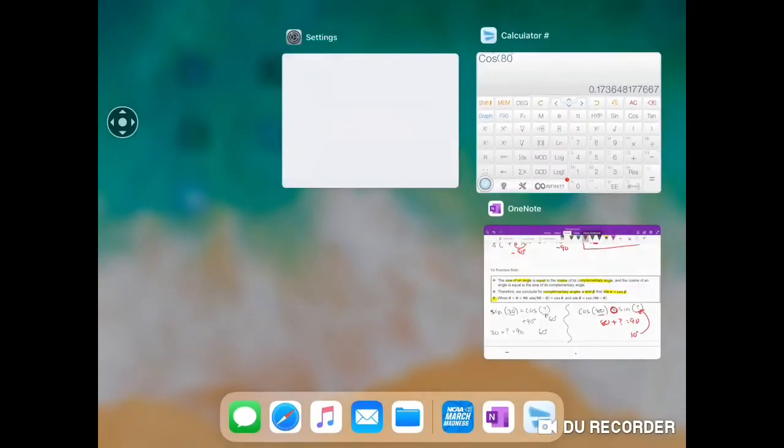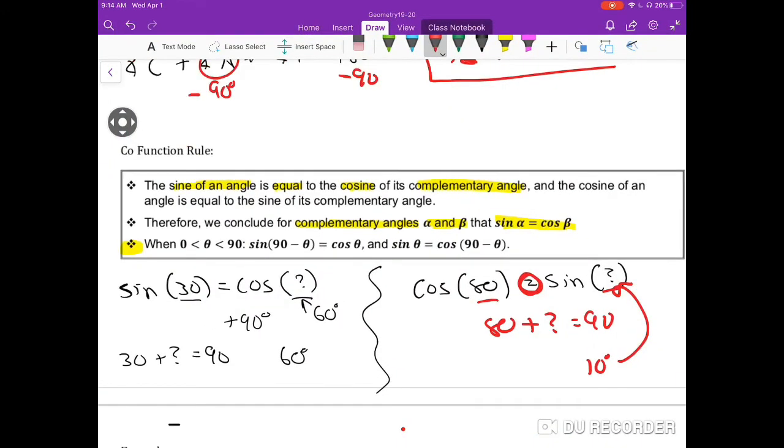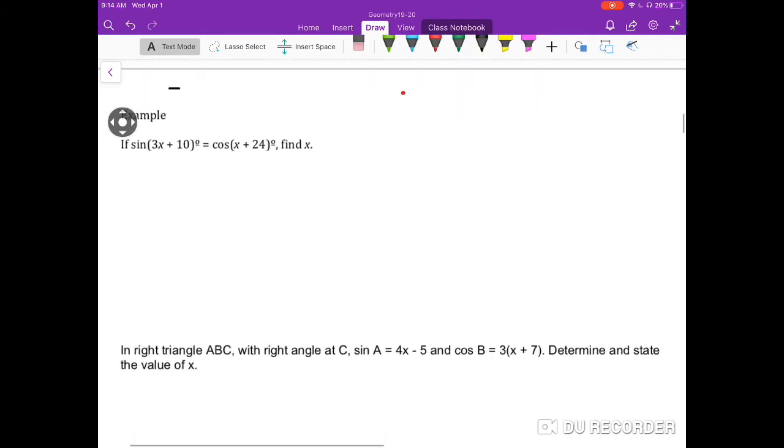Now we're going to do two problems. They come up the most. If sine of the angle 3x plus 10 equals the cosine of the angle x plus 24, find x. Well, we just said, when are sine and cosine equal?